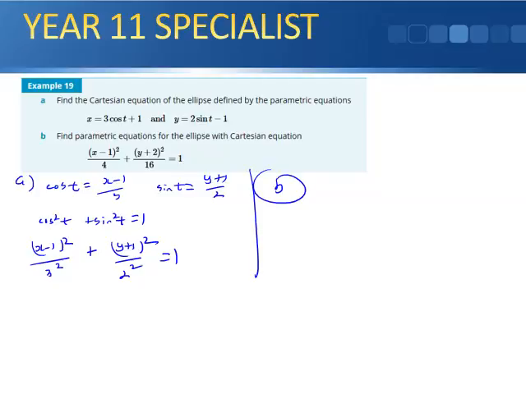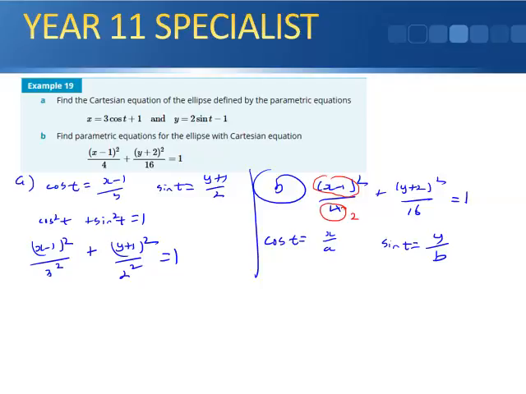Part B. Parametric equations given this. (x minus 1) squared divided by 4 plus (y plus 2) squared divided by 16 equals 1. Use the rules cos t equals x divided by a, sin t equals y divided by b. There's my x. And a is the square root of this number, which is 2.